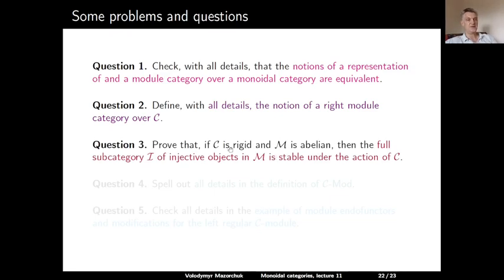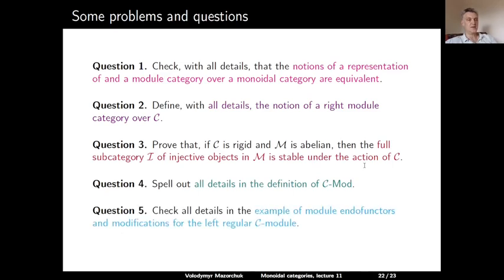Prove that if C is rigid and M is abelian, then the full subcategory I of injective objects in M is stable under the action of C. Question 4. Spell out all details in the definition of C mod. And question 5. Check all details in the example of module endofunctors and modifications for the left regular C module.